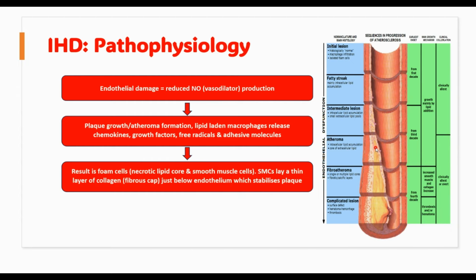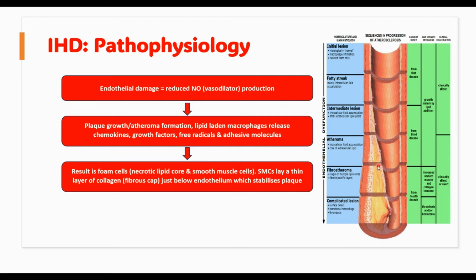And the result of all this is these cells called foam cells. So the foam cells contain all this dead lipid material, and they also contain smooth muscle cells. So you have the smooth muscle cells and the dead lipid material within these macrophages, and this is known as foam cells.